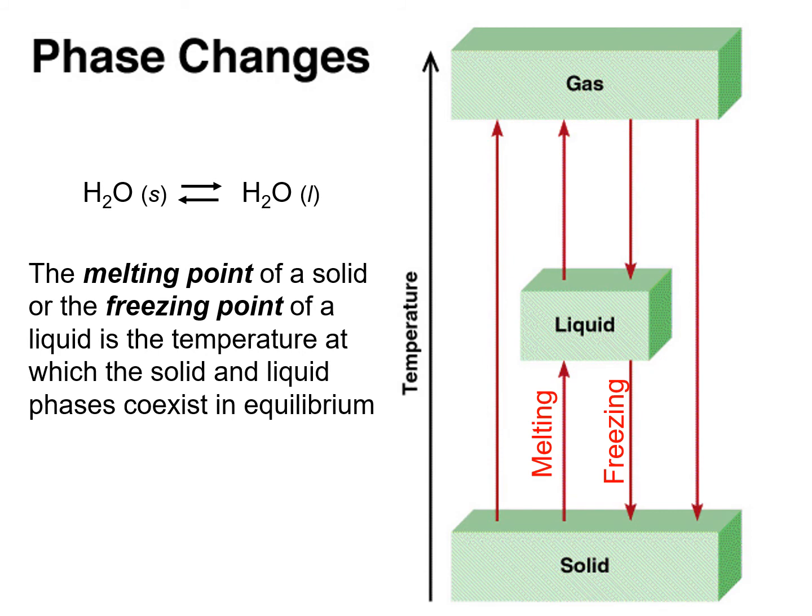The temperature at which this occurs is called the melting point or the freezing point of the liquid, and it is the temperature at which the solid and liquid coexist in equilibrium. And for water, that is 0 degrees Celsius.